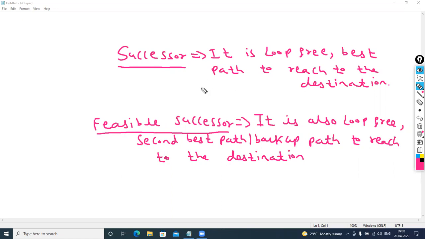So successor is present in your routing table.